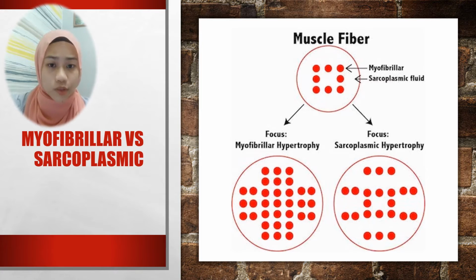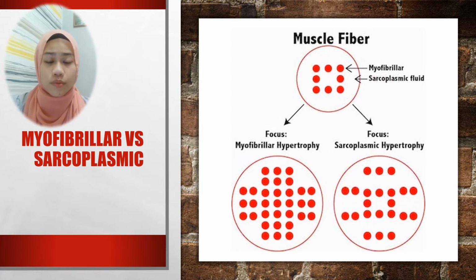What is the difference between myofibrillar and sarcoplasmic hypertrophy? According to this hypothesis, during sarcoplasmic hypertrophy, the volume of sarcoplasmic fluid in the muscle cells increases with no increase in muscular strength.